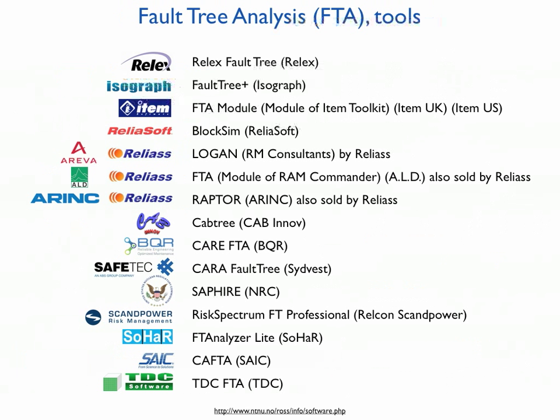And because of this, there are a lot of software tools that we can use to perform the fault tree analysis. The functionality of these tools is pretty much the same. We can draw these fault trees and connect them. The difference is that some of them have some specific gates and so on, but once more, the functionality is pretty much the same.